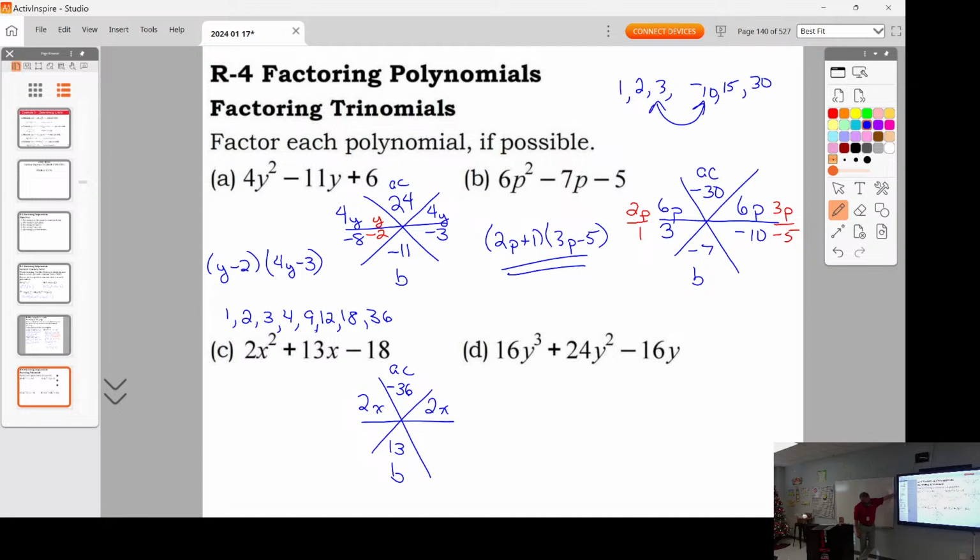So is negative 4 and 9 going to get you a 13? Okay, so does negative 9 and negative 4 get you a negative 36?